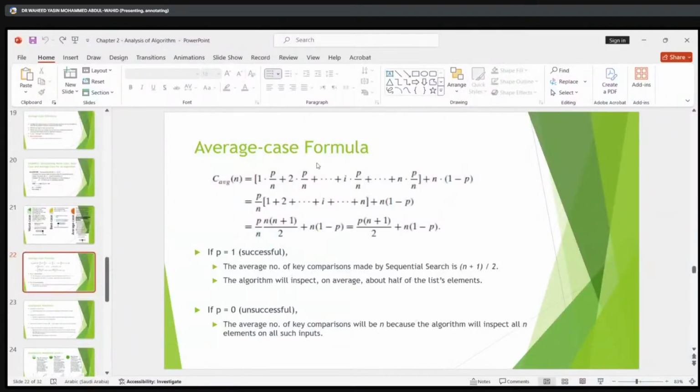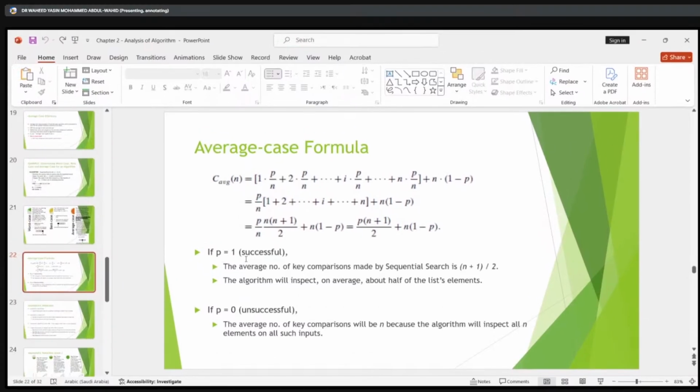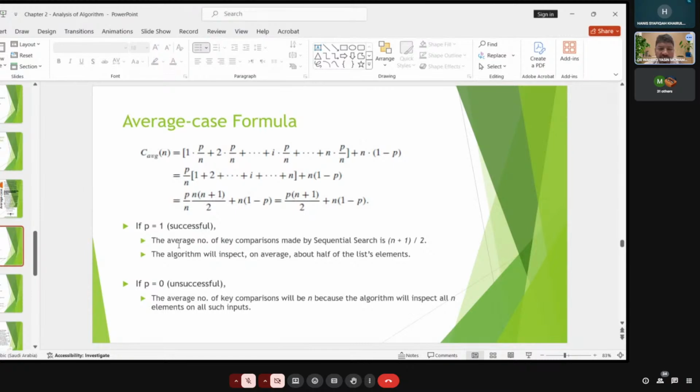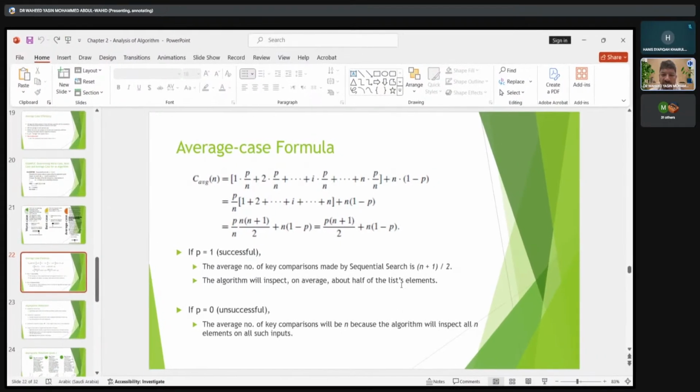Average case formula: C avg(n) equals p over n times the sum of 1 plus 2 plus up to n, plus n times (1 minus p), which equals p times n(n plus 1) over 2n plus n times (1 minus p), which equals p(n plus 1) over 2 plus n(1 minus p). If p equals 1, the search is successful; if p equals 0, it is unsuccessful. The average number of key comparisons made by a sequential search is (n plus 1) over 2, so the algorithm is expected to inspect about half of the list elements.